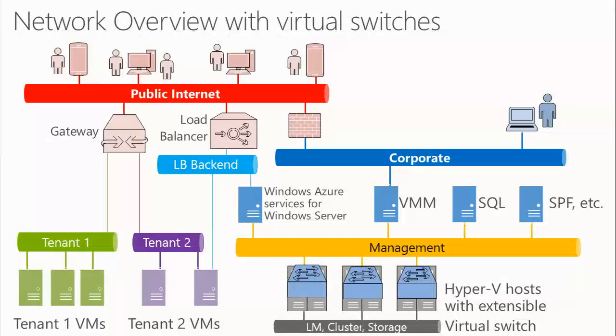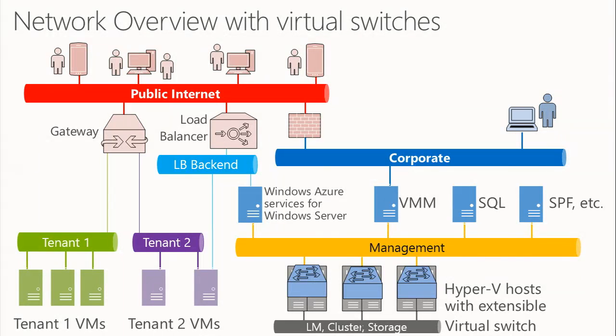You don't want to apply the settings to each host independently, and that's really where the power of the logical switch comes in. I showed you how you can make your environment consistent for just the native settings of the switch, but really the logical switch is the only way to actually deploy an extension from VMM and configure the extension through VMM. So that's one of the key reasons why we built the logical switch: so we can do that deployment and maintain that consistency.